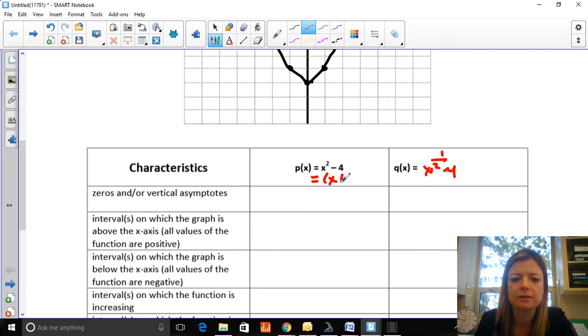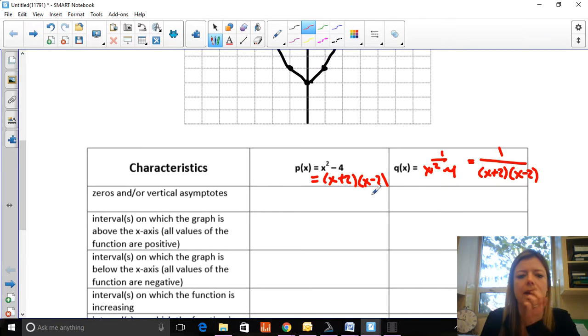It's a difference of squares, so it's 1 over (x plus 2)(x minus 2). The zeros of the quadratic are x equals 2 and x equals negative 2, so the vertical asymptotes are the same: x equals 2 and x equals negative 2.